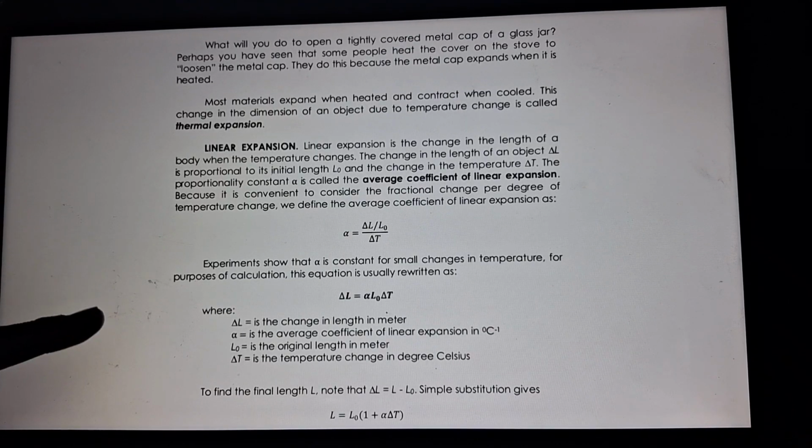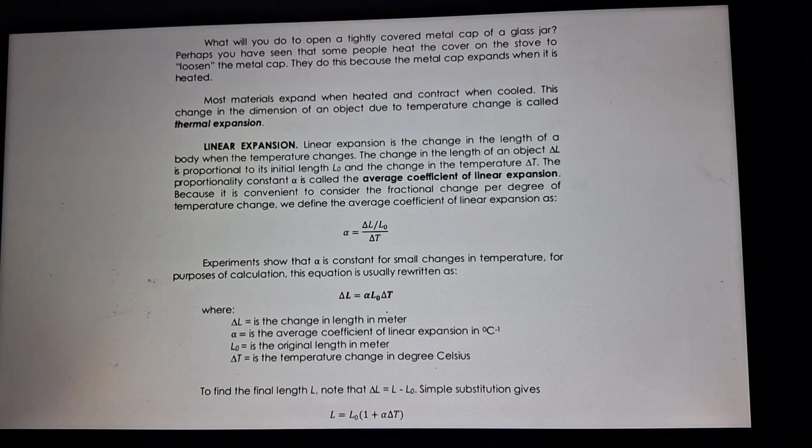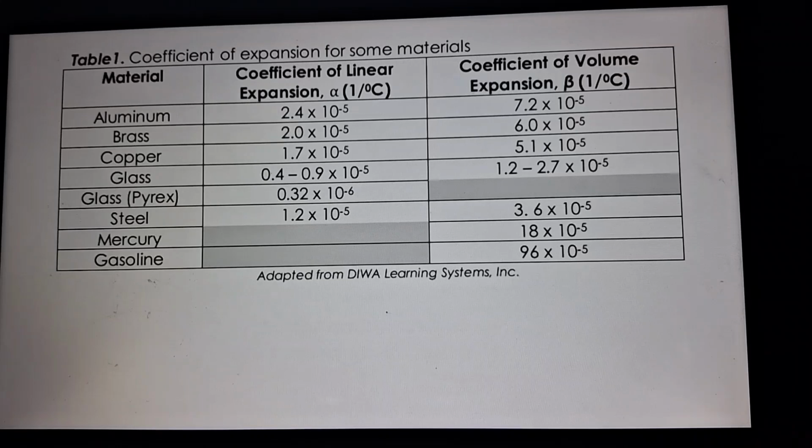For purposes of calculation, this equation is usually rewritten as ΔL is equal to A times L0 times ΔT. To find the final length L, note that ΔL is equal to L minus L0. Simple substitution gives L is equal to L0 times 1 plus A ΔT.